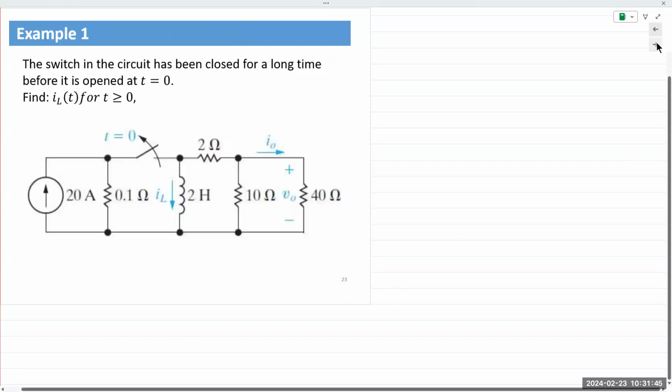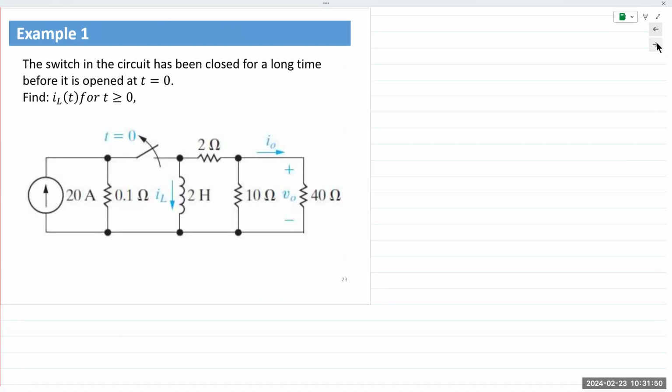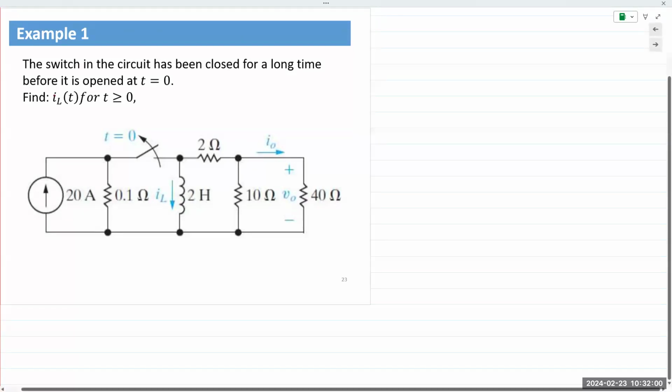Okay. The switch in the circuit has been closed for a long time before it is opened at t equals 0. Find iL of t for t greater than or equal to 0. First, look at what it's asking. It's asking for an expression for the inductor current. So let's look at the circuit, find the inductor.